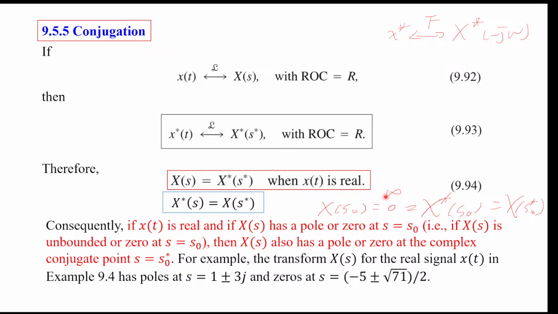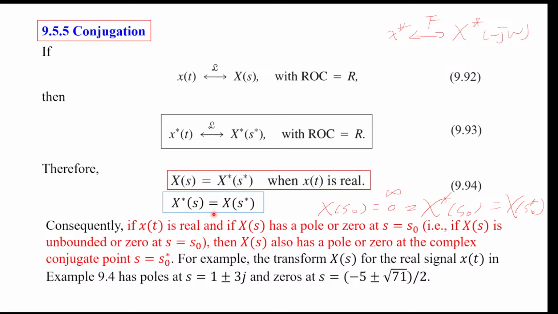So it's a pole or zero. If it's a pole, it is infinity; if it's a zero, obviously it's zero. Then we take a complex conjugation of infinity or zero, and we see that it is still infinity or zero. So this thing is equal to its own complex conjugate. So we know X of s0 equals X star of s0 because, when we take a complex conjugation, infinity is still infinity and zero is still zero.